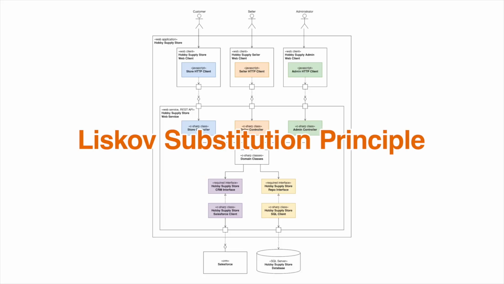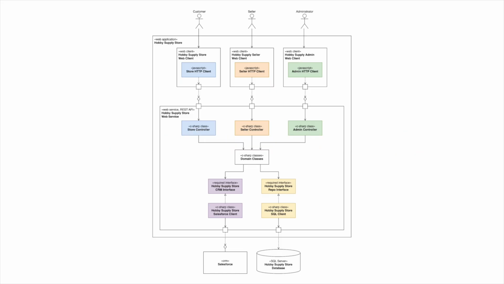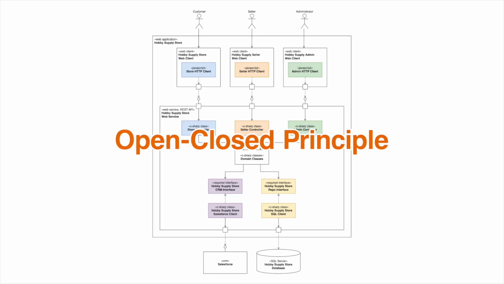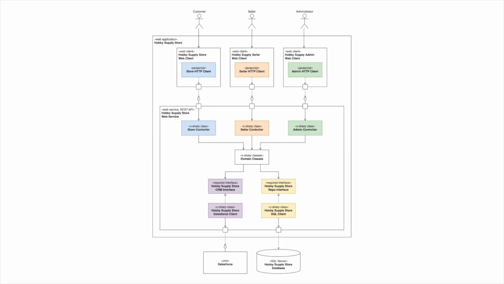This leverages the Liskov substitution principle, and our application is going to behave exactly the same regardless of any changes made to the dependencies. In fact, this sets us up for the open-closed principle. The domain classes remain stable and closed for modification. At the same time, they're open for extension by any class that realizes the required interfaces. In this case, that's the Salesforce and SQL client classes.